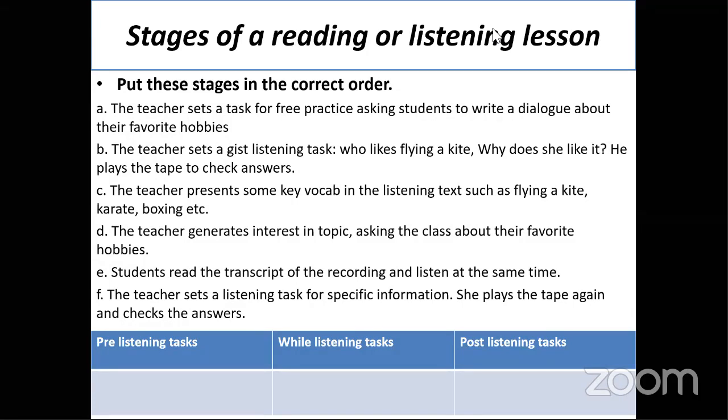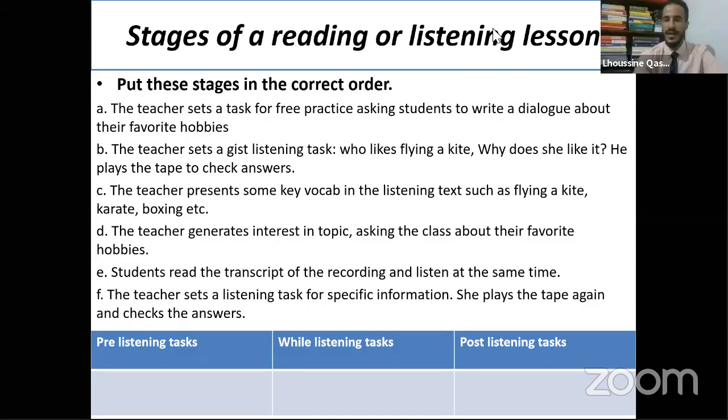C, the teacher presents some key vocab in the listening text, such as flying a kite, karate, boxing, etc. D, the teacher generates interest in the topic, asking the class about their favorite hobbies. E, students read the transcript of the recording and listen at the same time. F, the teacher sets a listening task for specific information. She plays the tape again and checks the answers.